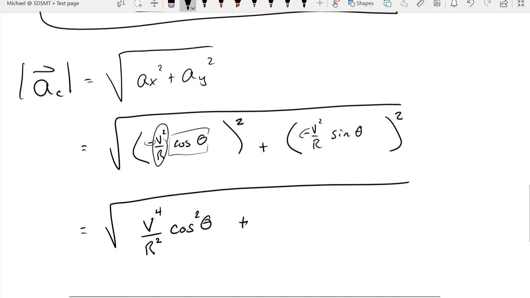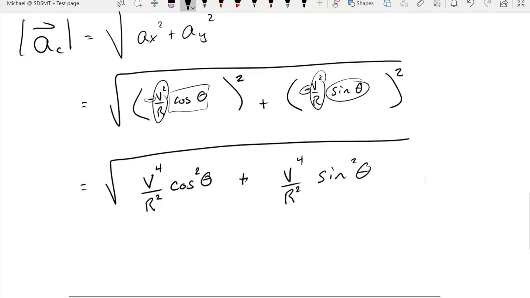And then likewise we're going to step through and square everything in the second parenthesis set, which gives us v to the fourth over r squared sine squared theta.